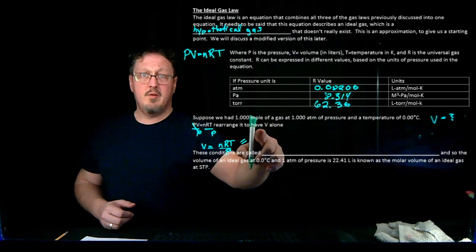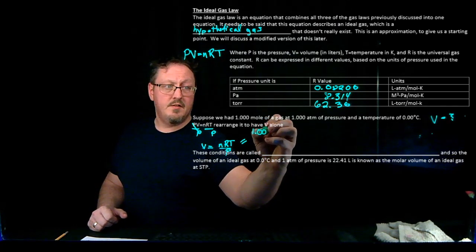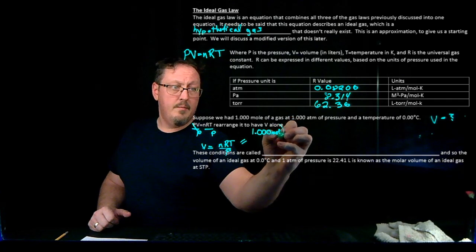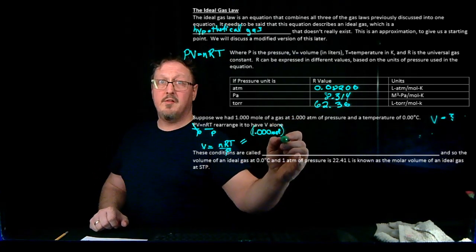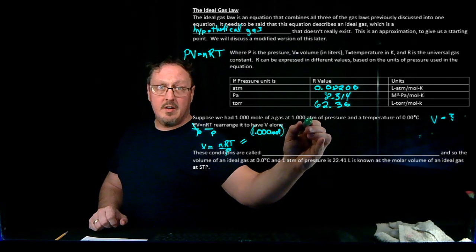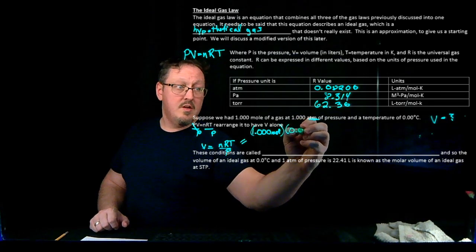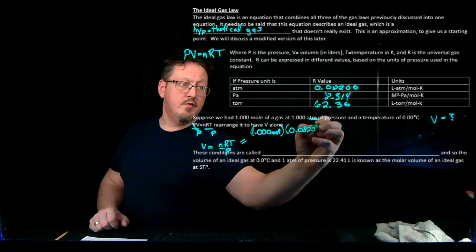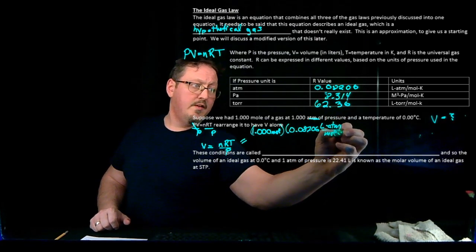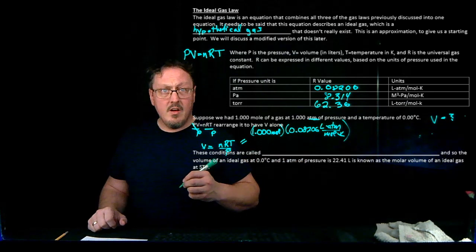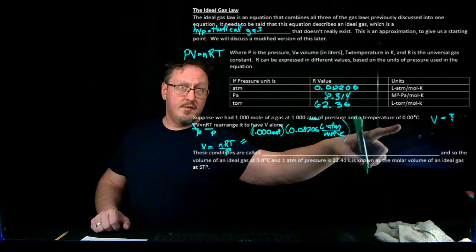Okay, so let's just put our pieces in. So we have 1.000 mole. That's going to get multiplied by R. Which R am I going to use? Well, I see that I have atmospheres, so we're going to use 0.08206 liters times atmospheres divided by mole times K. And then we're going to multiply that by the temperature, which is 0 degrees Celsius.